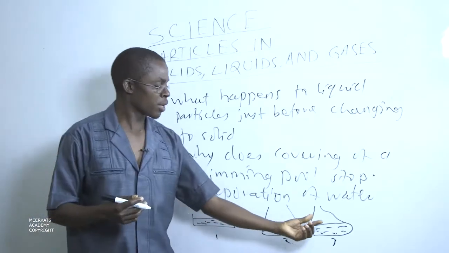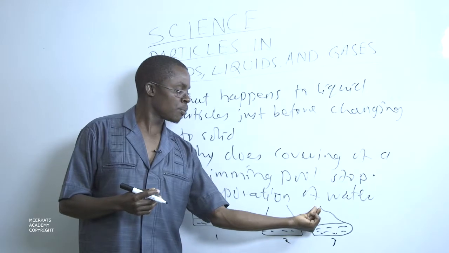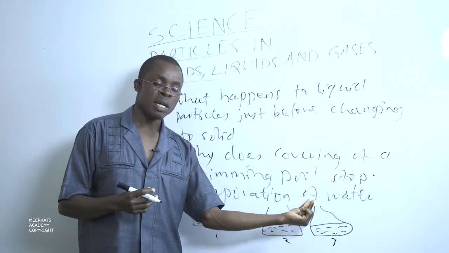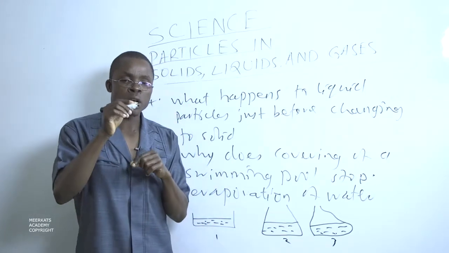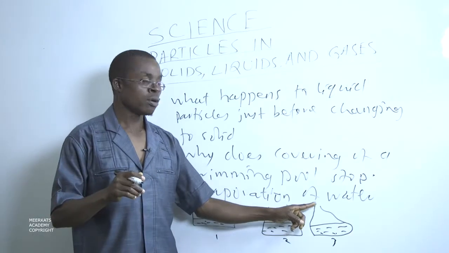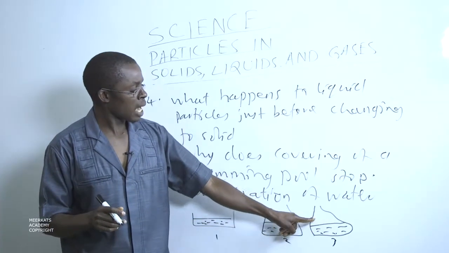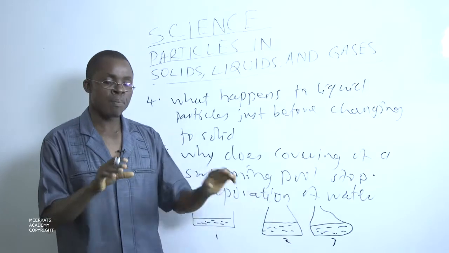But looking at number 3, which is the least, it has a very tiny point where the particles that have broken loose, that are moving away, can pass through. Because of that, it creates a little bit higher pressure of the particles.